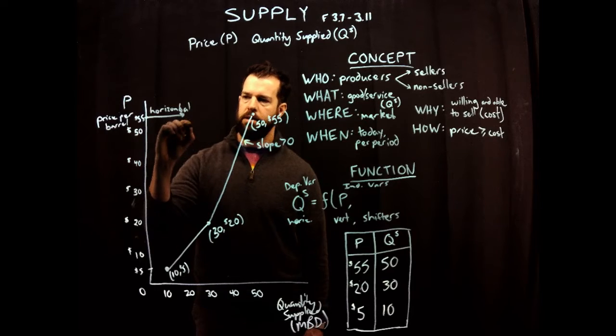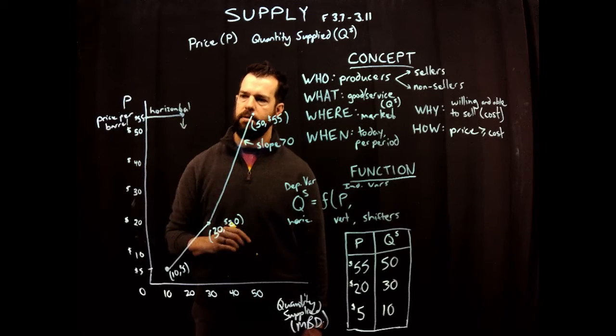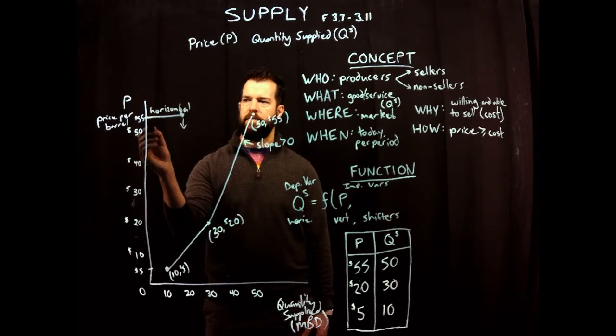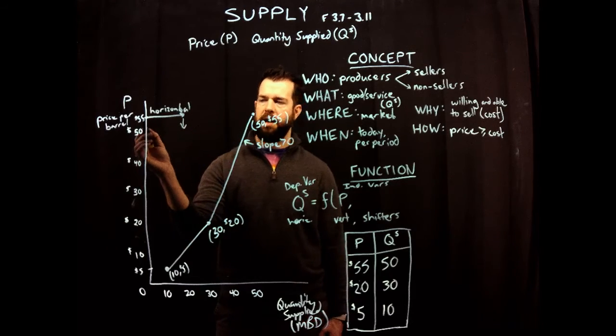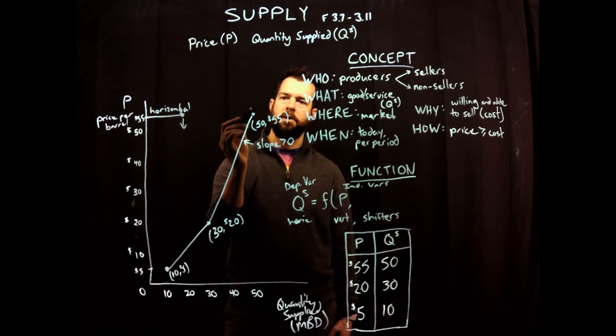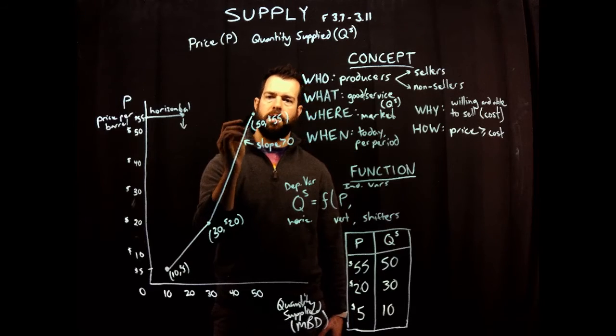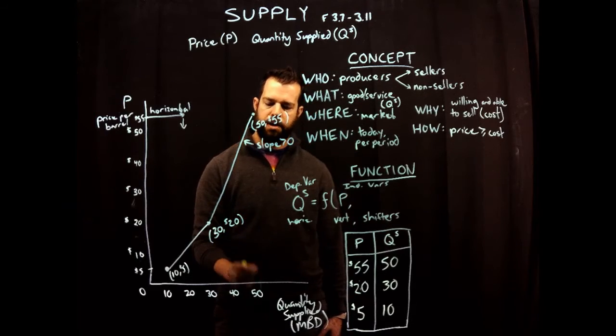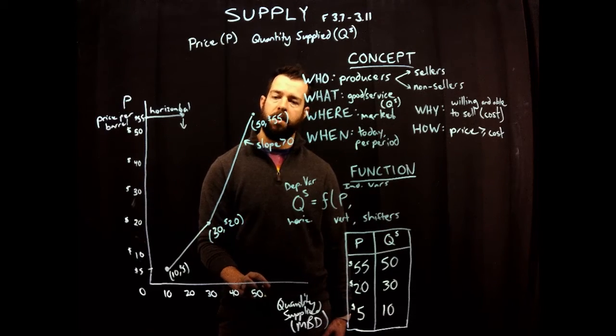So we go until we hit the curve, and then we go down, okay? So if we did that for $55 per barrel, we'd say at a price of $55 per barrel, the most that producers are willing and able to sell is 50 million barrels of oil per day.